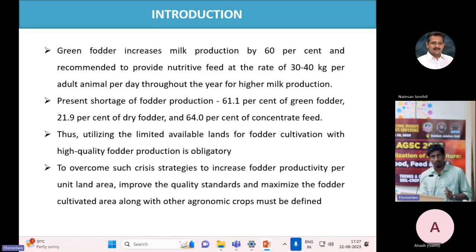So from the available land, it is necessary to produce quality fodder for animals. To overcome such circumstances, to increase fodder productivity and also fodder quality, I have chosen this topic.